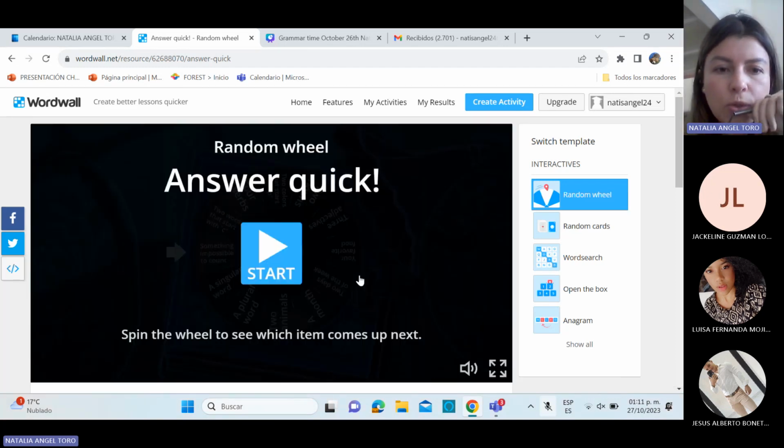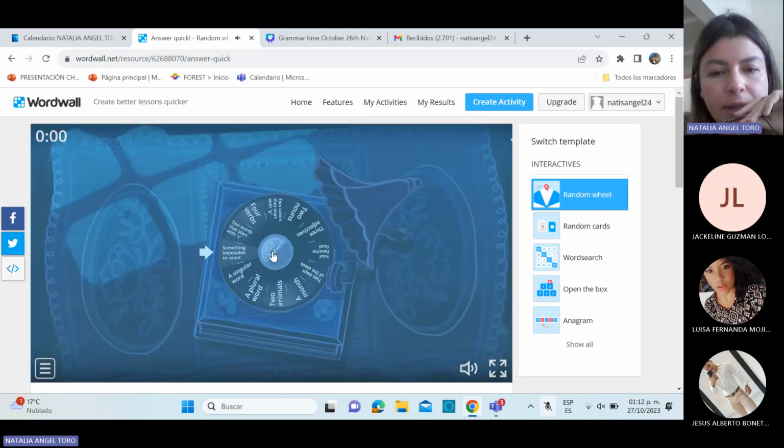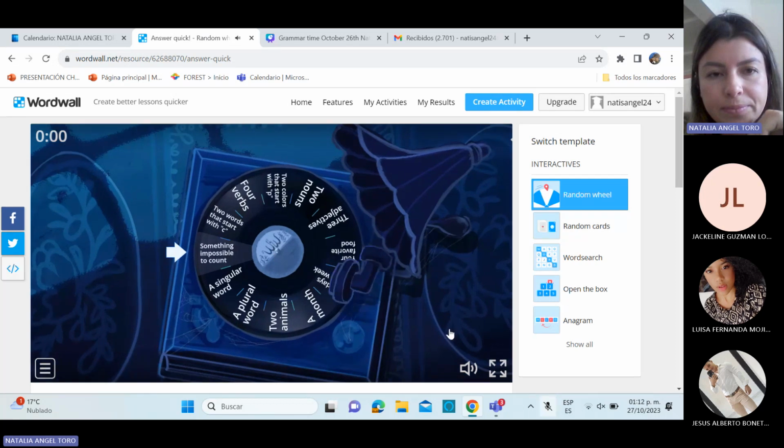Pay attention to the instruction the random wheel will give us, and go quickly to our chat and write the answer for the instruction or the short question the random wheel is asking us.